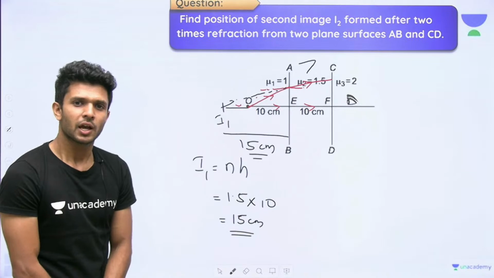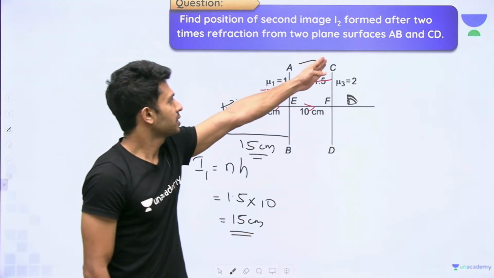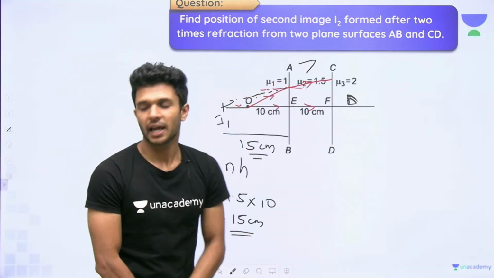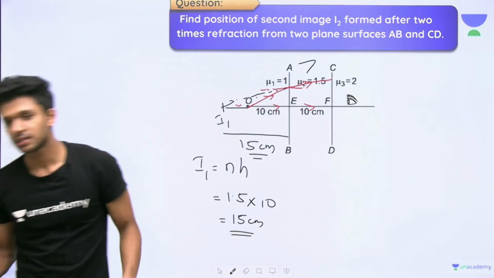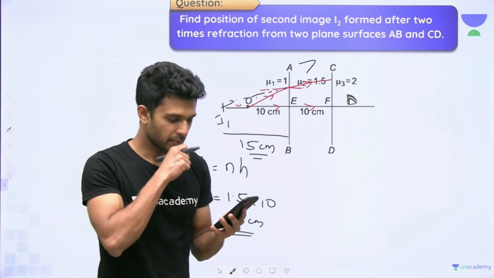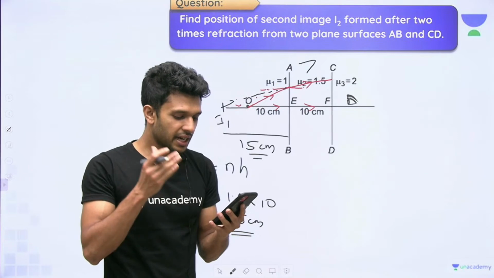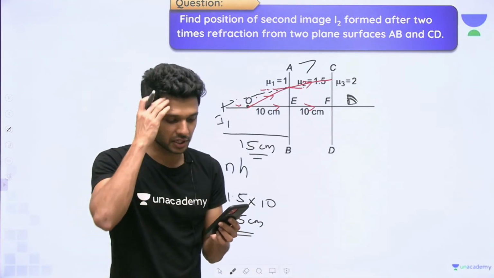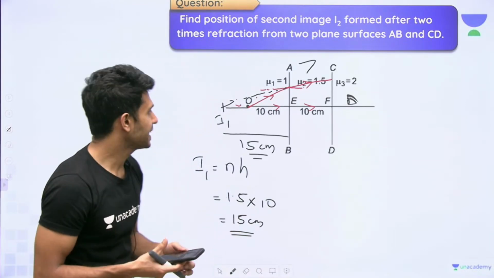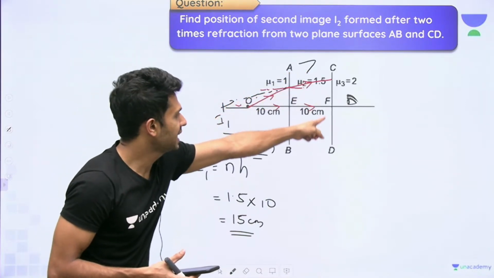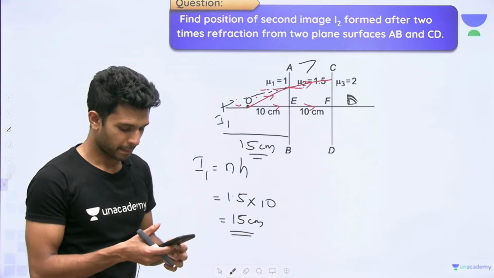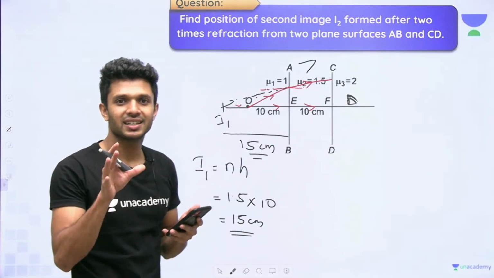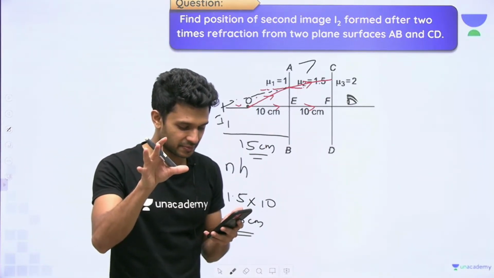Tell me, what will be the object for this second surface? I'll be looking into the chat box. Tell me, Palak, Sanjana, Priya, Myara and everyone. Yes, everyone has given me the answer 15, very good. Tell me, what will be acting as the object for the second surface?